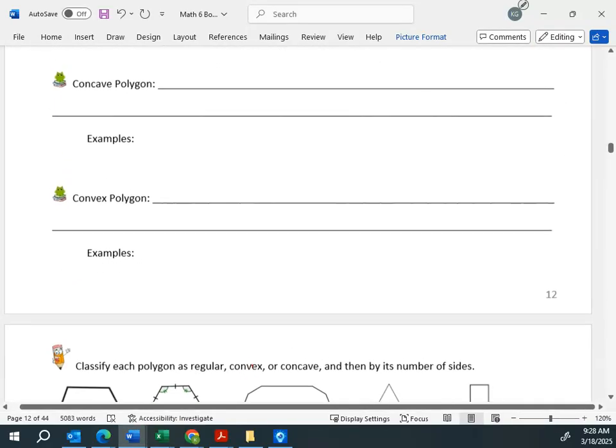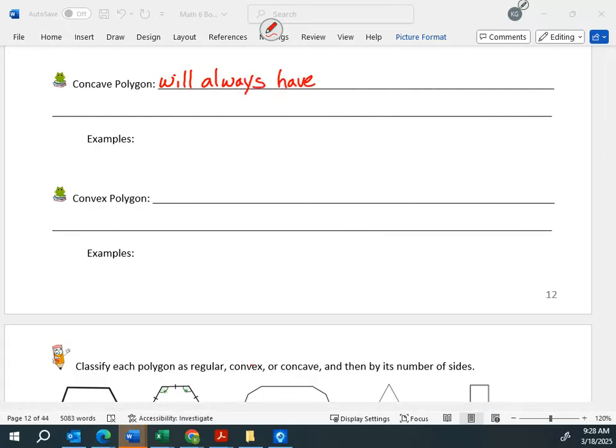Now we have a concave polygon. A concave polygon will always have at least one reflex interior angle.